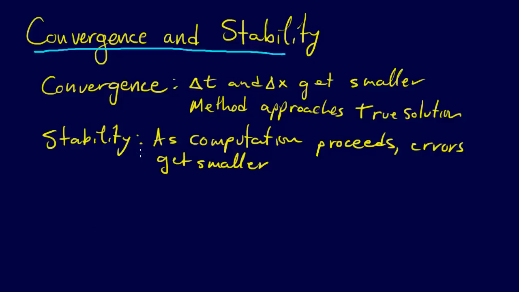The finite difference method with the explicit approaches, if certain conditions are not met. What are those conditions? Well, the condition is basically if lambda is less than or equal to 1/2. Remember that lambda is equal to k delta t over delta x squared.